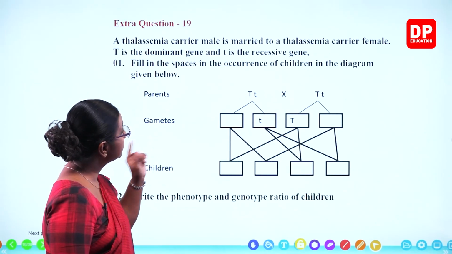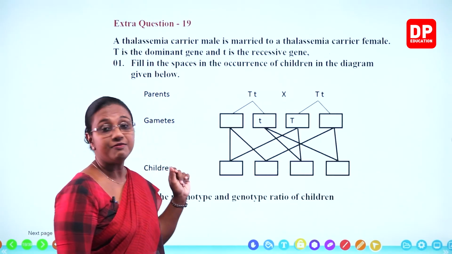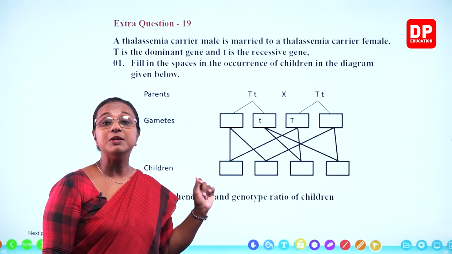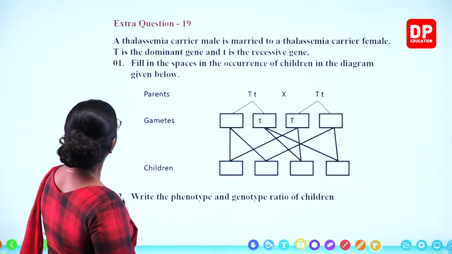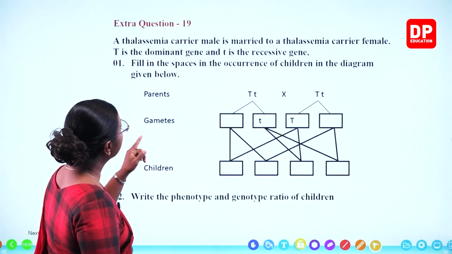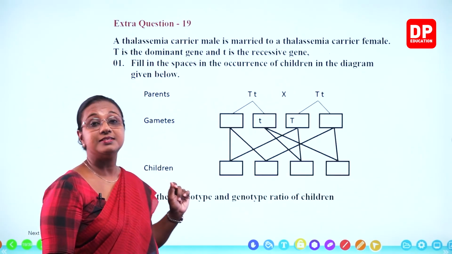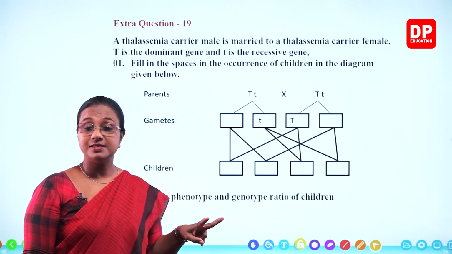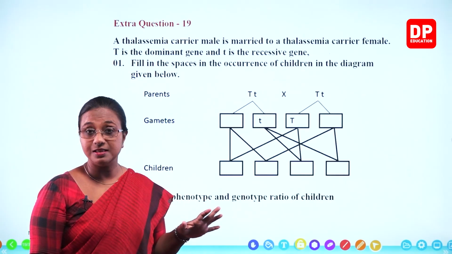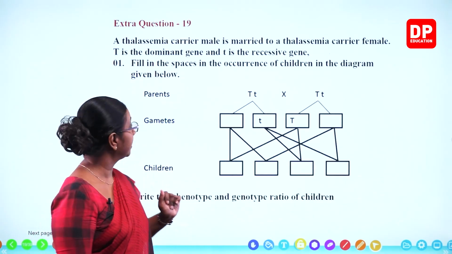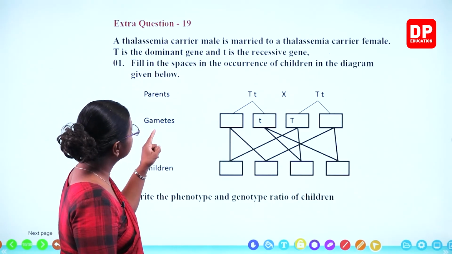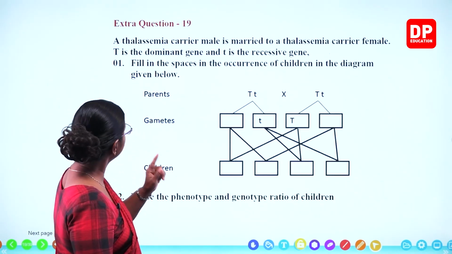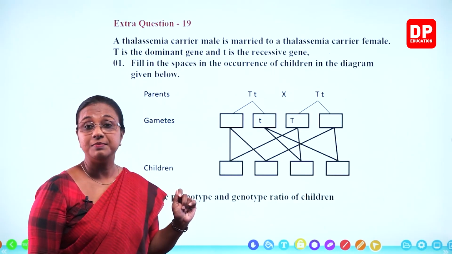So you all know this is caused by a recessive gene, a gene mutation. So T is the dominant gene and simple T is the recessive gene. So double recessive condition is the thalassemia condition, the disease condition. So the first question, fill in the spaces in the occurrence of children in the diagram given below.